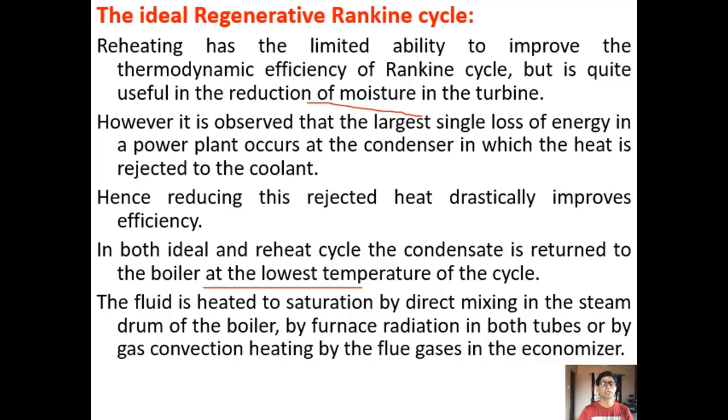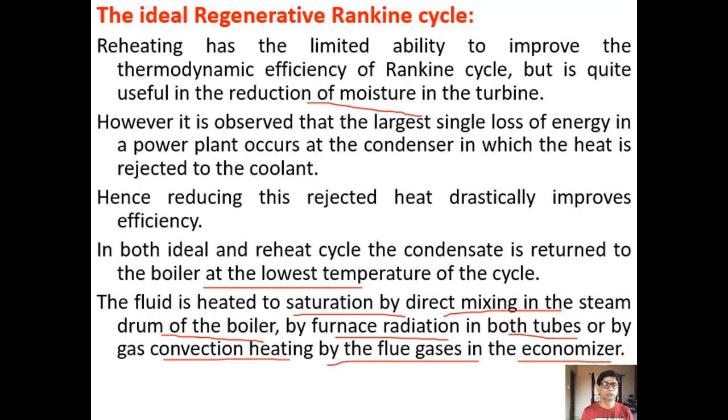So now whatever fluid is entering the boiler is heated to the saturation temperature by direct mixing in the steam drum of the boiler. So this is what is happening inside the boiler. So the fluid which is entering at the lowest temperature of the cycle is heated to the saturation temperature by direct mixing in the steam drum of the boiler, by furnace radiation in the tubes, or by gas convection heating by the flue gases in the economizer.